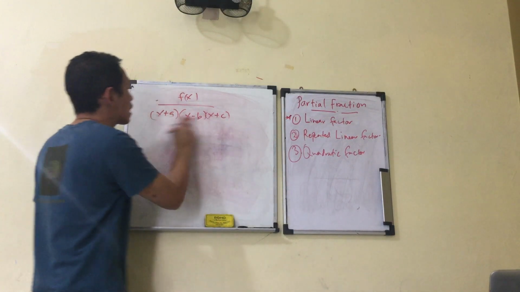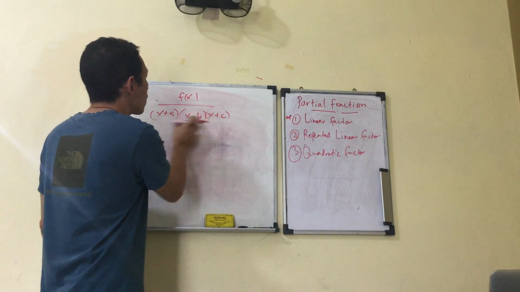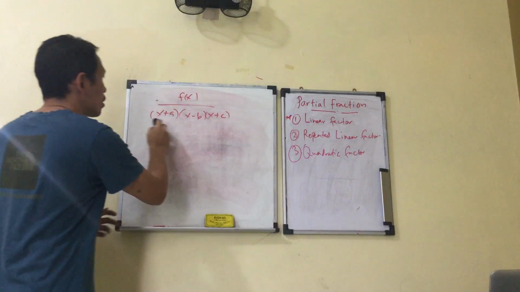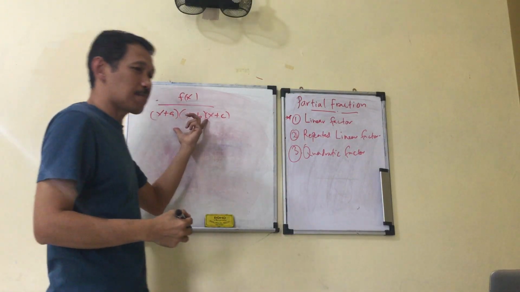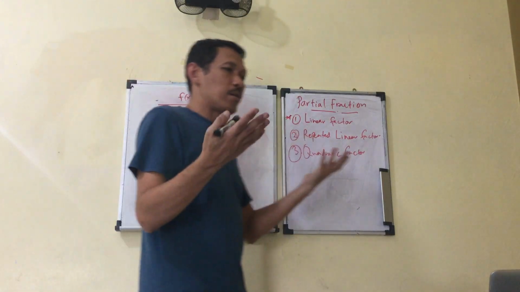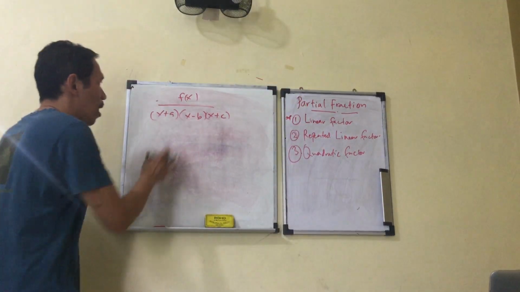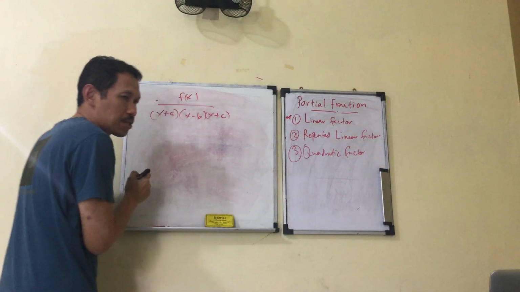So if you see this type of factors, which is 3 different types of factor, this is known as linear. So if you solve this, this is a fraction. When you do a fraction, remember that you will have a form in terms of partial fractions.